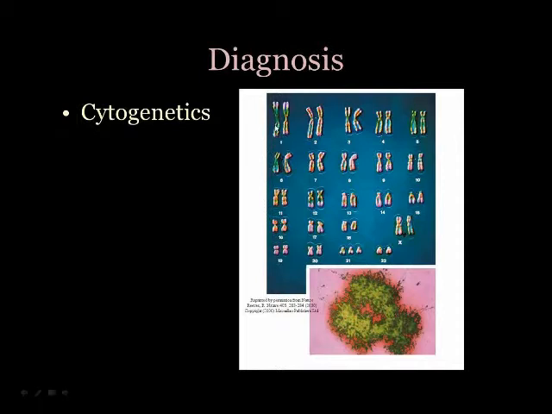You usually have one chromosome 1 from your mum, one chromosome 1 from your dad, one chromosome 2 from your mum, one from your dad, and these chromosomes contain all the genetic material. This is actually an abnormal one. It's got three 21s, which is a Down syndrome picture, but it's just to show you the chromosomes and the fact that we can look for particular genetic abnormalities that are associated with myelodysplasia within the bone marrow cells.